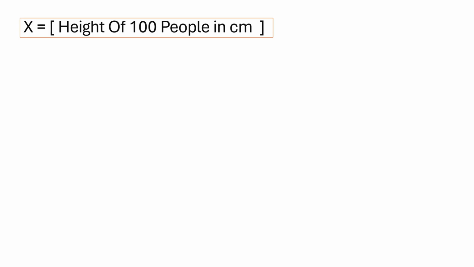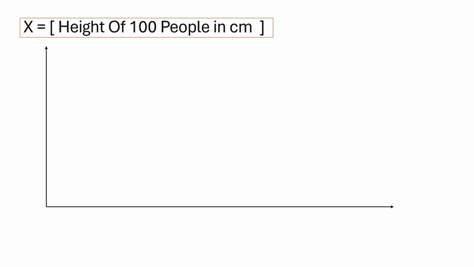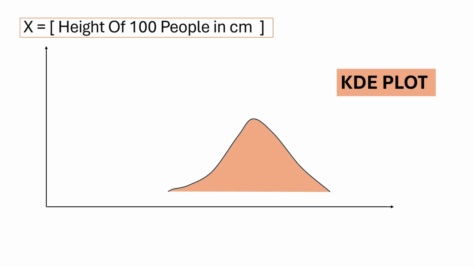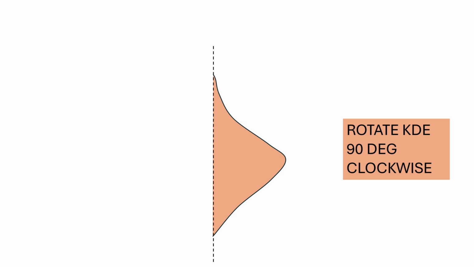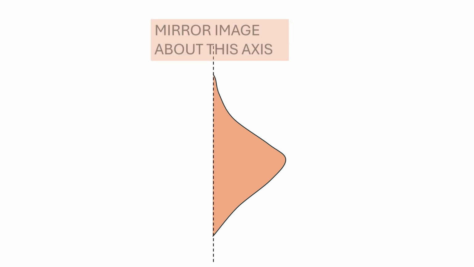So the first step to build a Violin plot is to draw its KDE plot. The second step is you rotate this KDE plot 90° clockwise, and then around the base you take a mirror image.